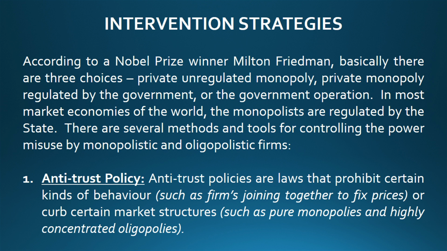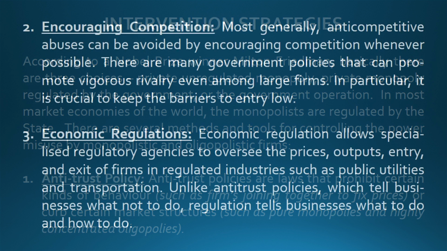There are several methods and tools for controlling the power misuse by monopolistic and oligopolistic firms. 1. Antitrust policy. Antitrust policies are laws that prohibit certain kinds of behavior, such as firms joining together to fix prices, or curb certain market structures, such as pure monopolies and highly concentrated oligopolies.